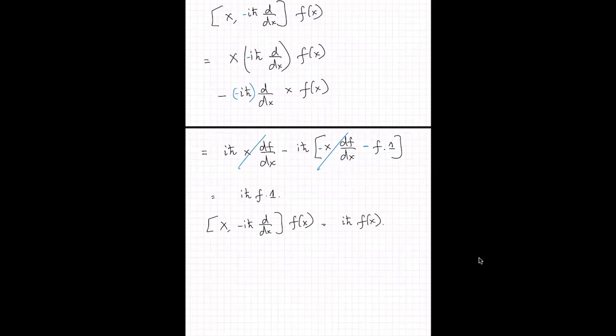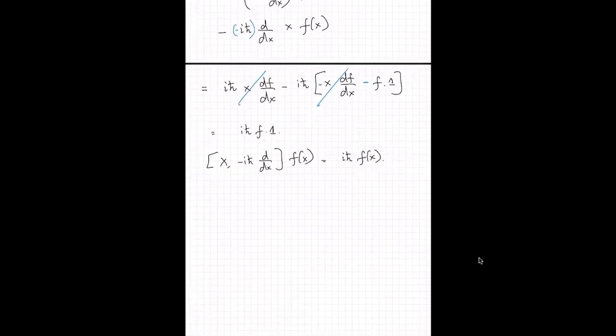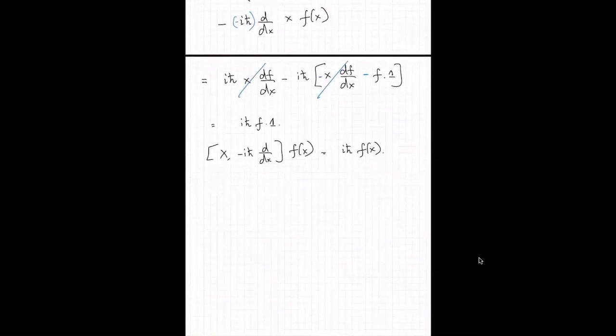Now the job of the test function is done. I can take out the test function. So now I can write this commutator as an operator equation: [x, p] equals iħ times the unit operator. Okay. So this is the famous x-p commutation relation.